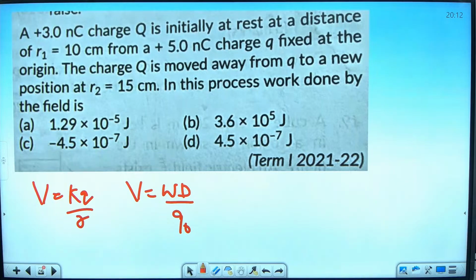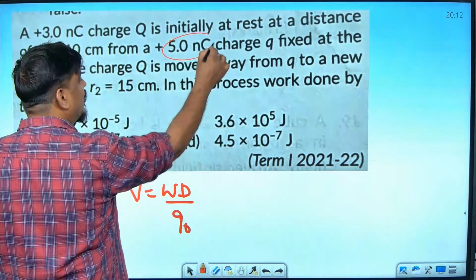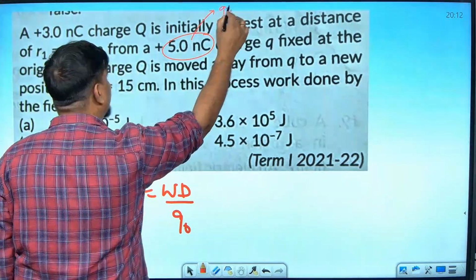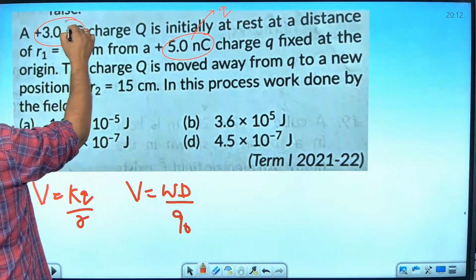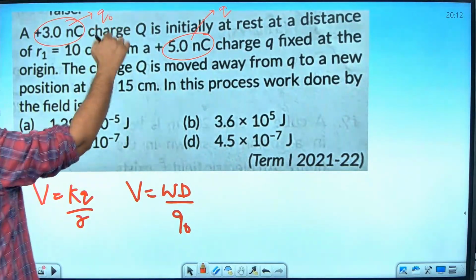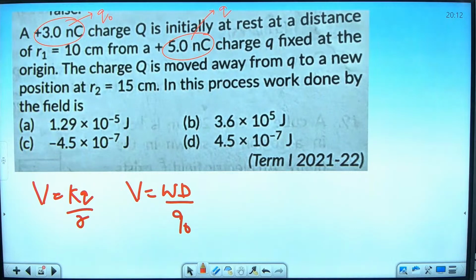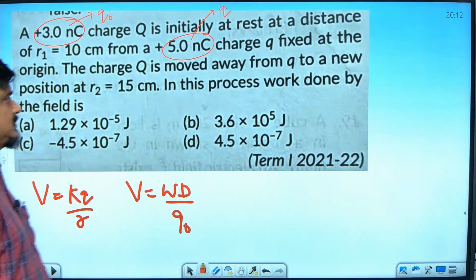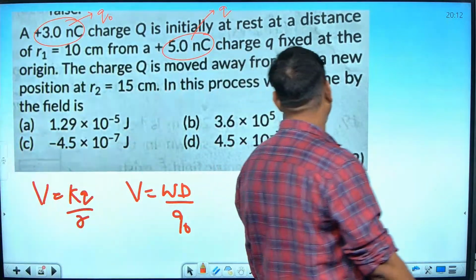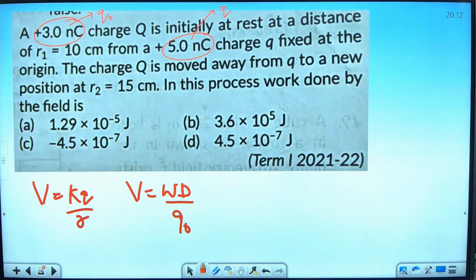It means this 5 nanocoulomb is Q, and this 3 nanocoulomb which is moving is Q naught. I gave the hint to you. Now, it is moved away from Q to a new distance of 15 centimeter. So they are giving the values of R1, R2 and asking you to find the work done.